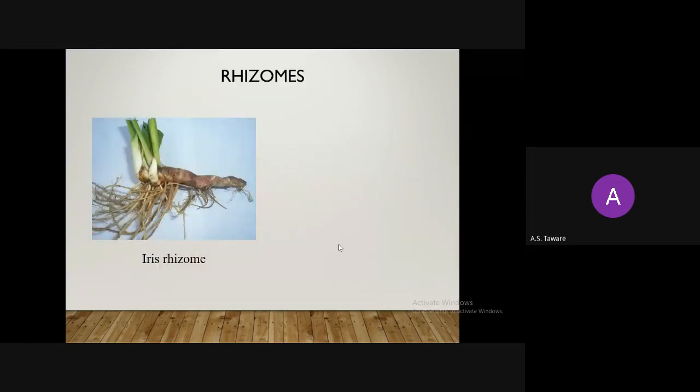And the next modification is the rhizome. It generally grows horizontally, with roots below the rhizome. Maybe you are not able to observe distinct nodes and internodes; sometimes you can, sometimes you cannot.